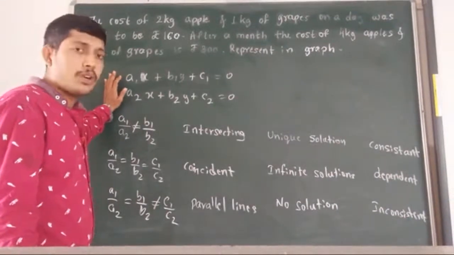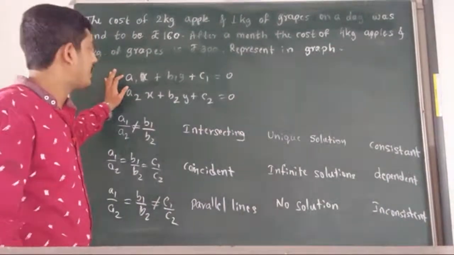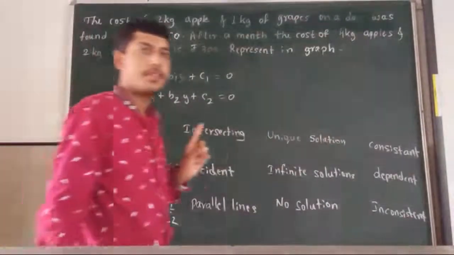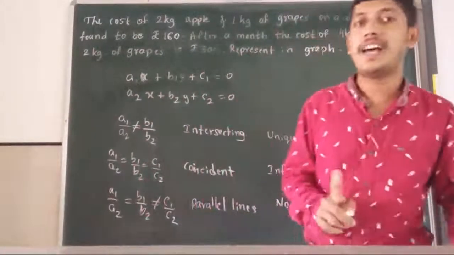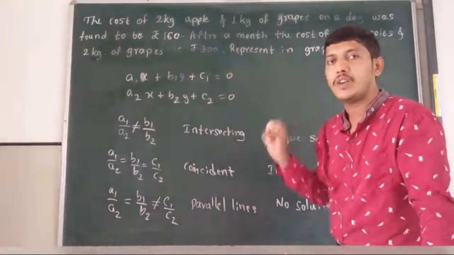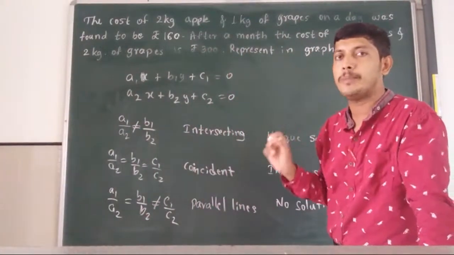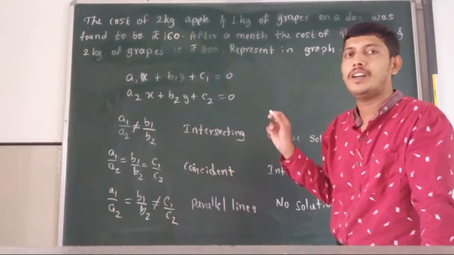And why is it called a linear equation? Because here the exponent power is 1, therefore the degree of the equation is 1. Degree means the highest power of the variable.